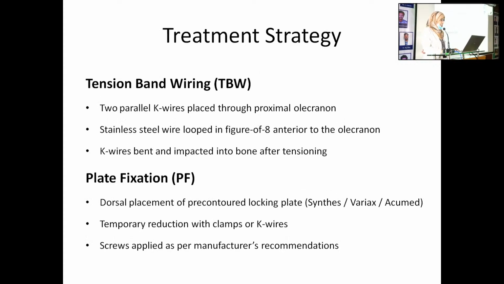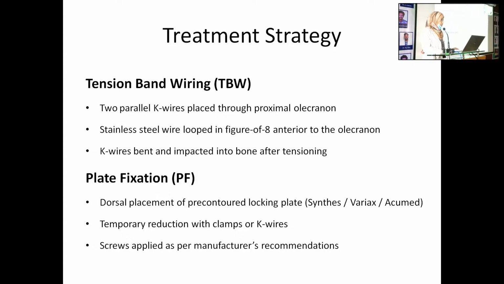In treatment strategy, they have done tension band wiring using two parallel K-wires placed through the proximal olecranon and a stainless steel wire loop in a figure of 8 anterior to the olecranon, and K-wires were bent and impacted into the bone after tensioning. And for plate fixation, they placed a dorsal pre-contoured locking plate.